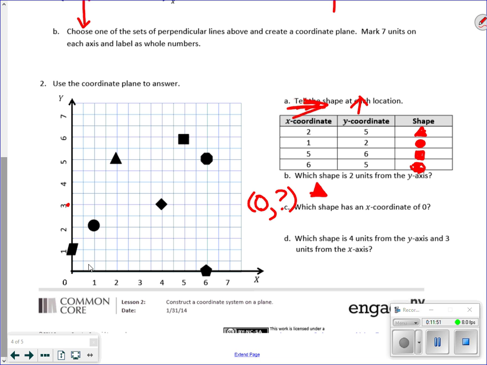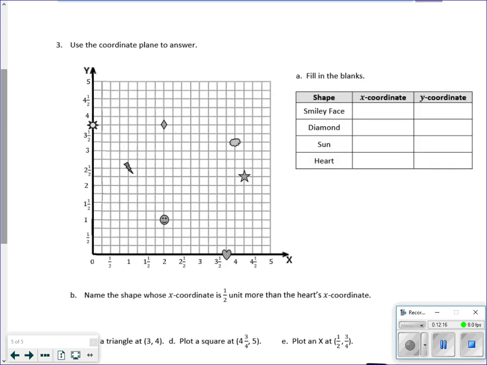What is 4 units from the Y? What is it, Hadley? The diamond. Because there's 4 units from the Y, and 3 units from the X. Here's X, and it went 3 units up. So it is the diamond. Very good.